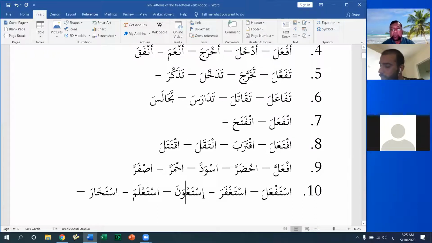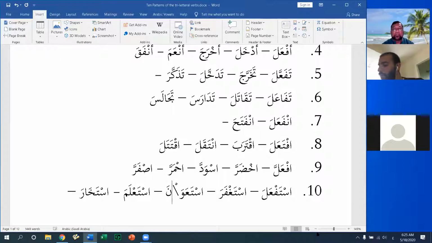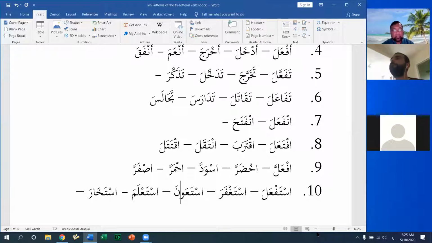And when we study weak letters, you'll find out that the ayn would steal the fatha from the waw, and the waw will end up with a sukun. But then pronouncing a waw with sukun after a fatha is difficult, so we put an alif instead, and it becomes ista'ana. But it's originally ista'wana.